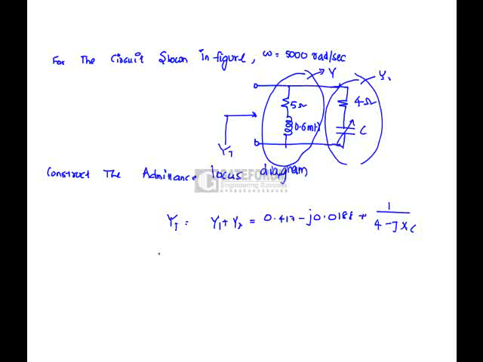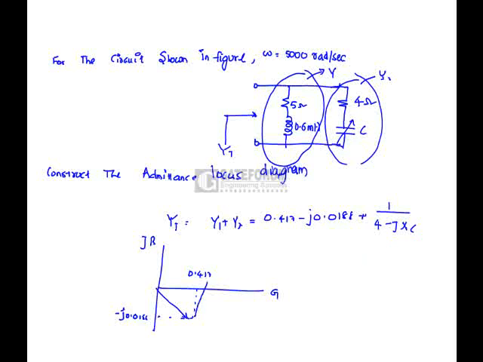So if we plot, Y is nothing but conductance plus jB, that is susceptance. So here this is going to be −j0.0188, this is 0.417, this is the Y1. Whenever Xc is infinite, this is 0; Xc is 0 means 0.25.